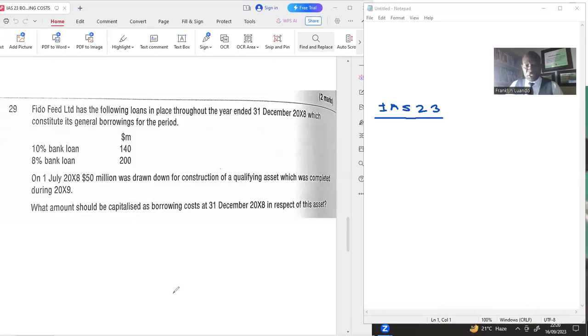We shall be looking at, number one, the borrowing costs. What are the borrowing costs? I'm giving the outline. We also look at what the qualifying assets are.